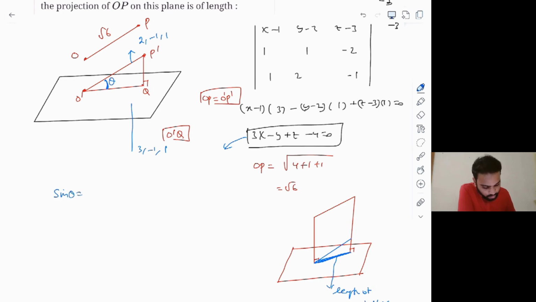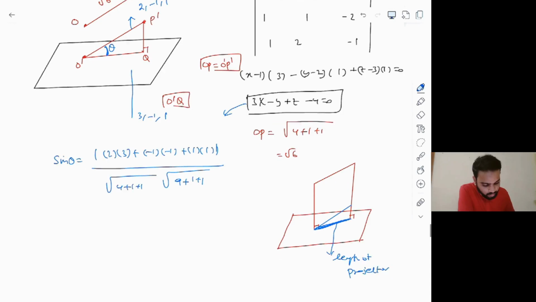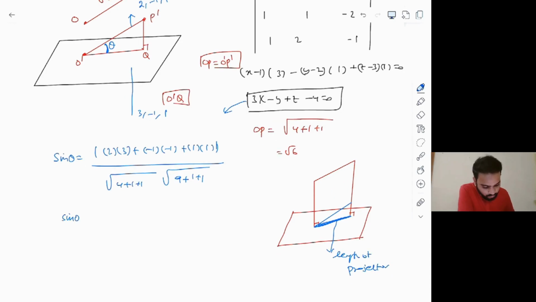Sine theta is equal to 2 times 3 plus minus 1 into minus 1 plus 1 into 1, whole divided by square root of 4 plus 1 plus 1 multiplied by square root of 9 plus 1 plus 1. So finally we get the value of sine theta, which is 6 plus 1, 7, 7 plus 1, 8, 8 divided by root 6 into root 11.